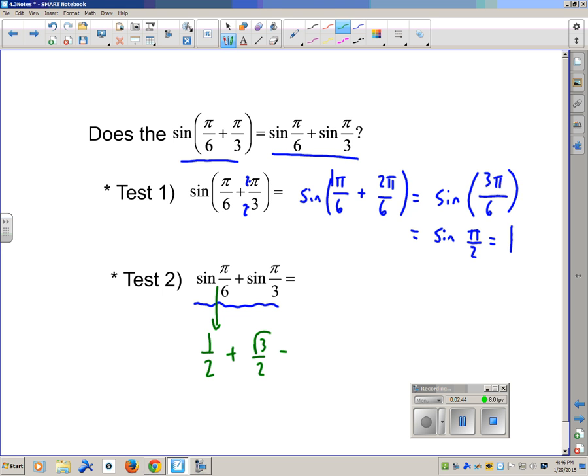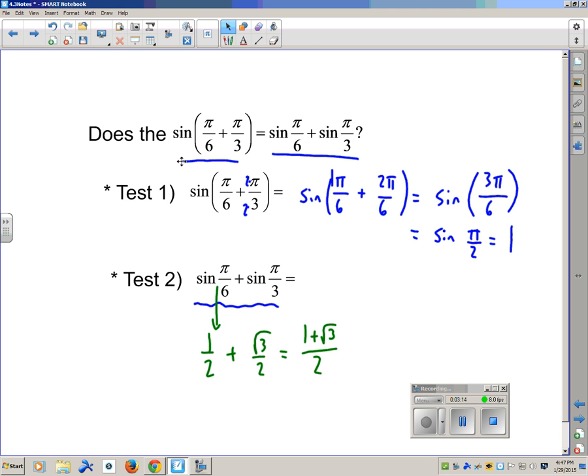Now they already have a common denominator, so I can simply add my numerators, 1 plus the square root of 3. Well, 1 plus the square root of 3 does not give me 2. The square root of 3 is about, let me figure it out real quick, yeah, about 1.73.